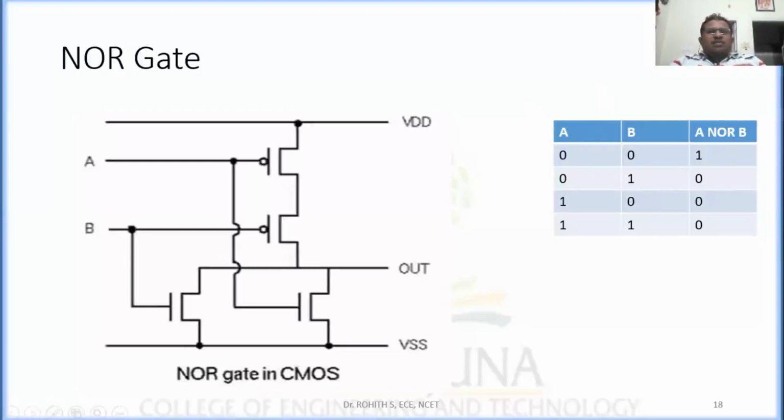In case of the NAND gate, we connected the PMOS transistors in parallel. But in case of the NOR gate, we have to connect two PMOS transistors in series and the NMOS in parallel. So this is the CMOS structure for the two input NOR gate.